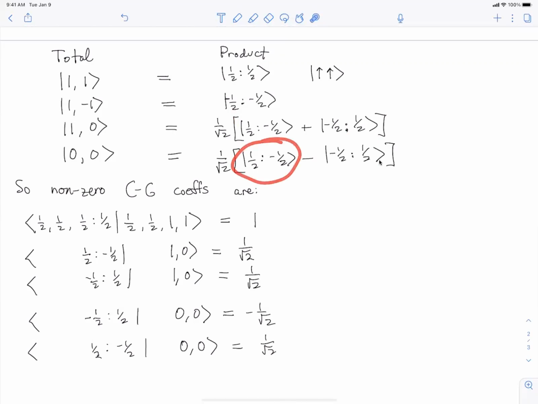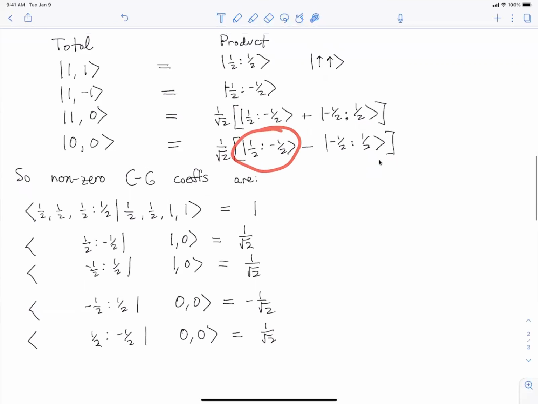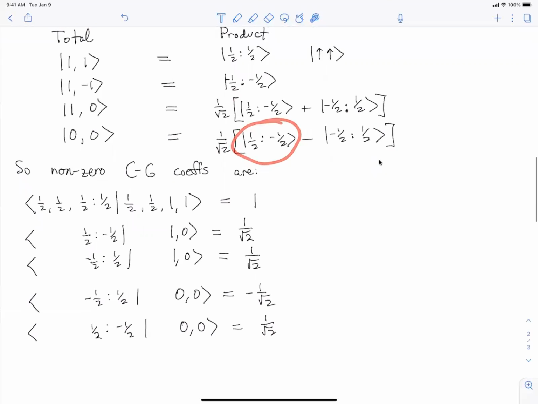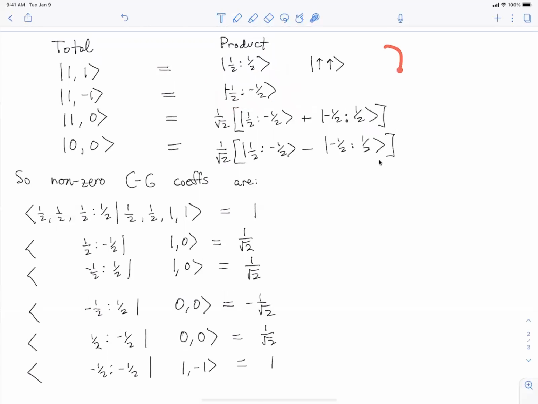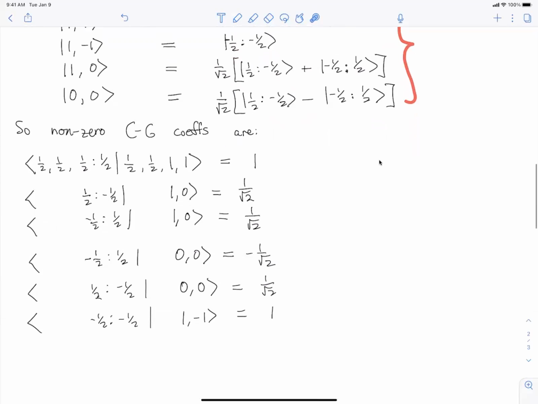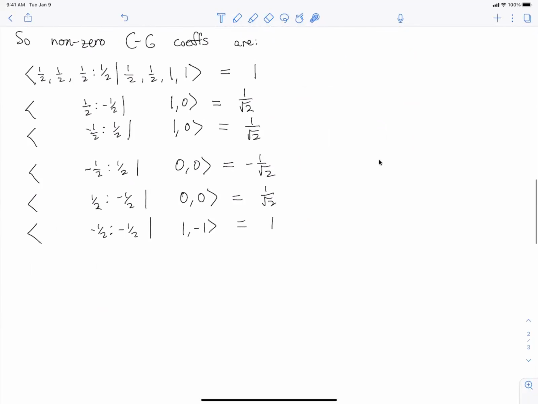That's from here. And then finally, there's the fact that -1/2, -1/2, 1, -1 is 1, and that comes from here. So all of this information that we worked out in terms of writing states in terms of each other can be summarized in these Clebsch-Gordon coefficients. All right, any questions on this so far?